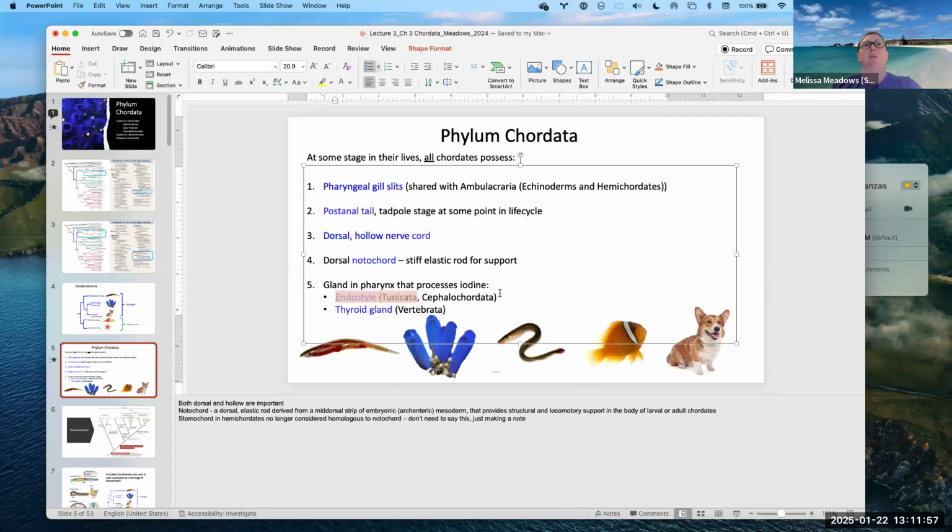And in some of our invertebrate chordates, the cephalochordata and the urochordata that we're going to talk about, urochordata is also called tunicata, that takes the form of the endostyle, which actually produces mucus that they use for filter feeding. So we'll talk more about that in detail in a minute. And in the vertebrata, this same homologous structure actually becomes your thyroid gland, which is a really important hormonal structure. So that's kind of interesting.